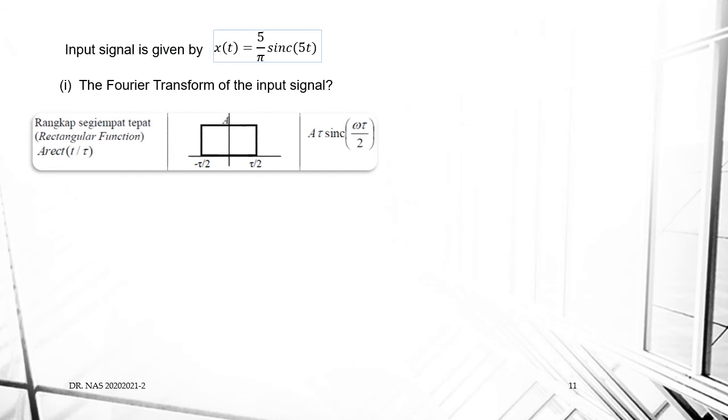Let's look at the given example. The input signal given is x(t), why capital X? Because you notice it is sinc. The sinc function is usually used in the frequency domain, but now you have the sinc function in the t domain. So obviously, to solve this, when you cannot find the sinc function in the time domain, you need to use the duality concept.